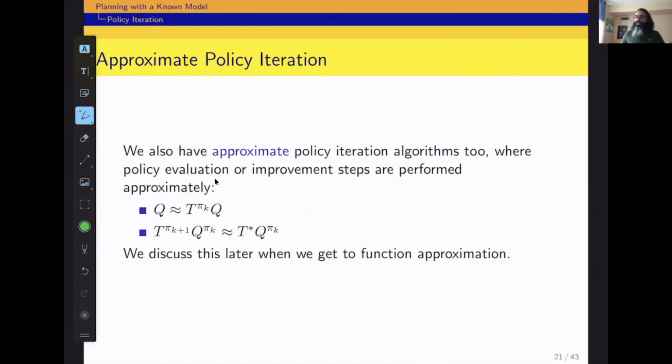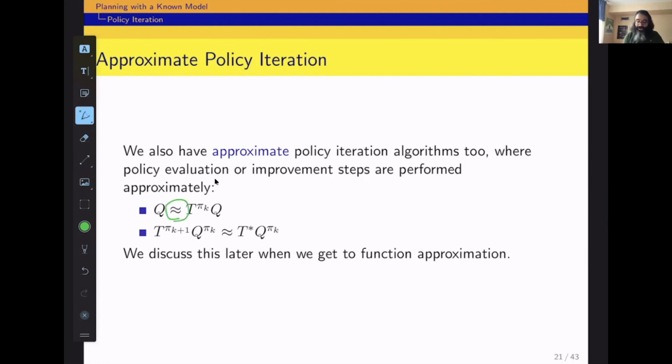There is a remark here that we also have approximate policy iteration, which is basically saying that each of those steps of the policy iteration algorithm can be done approximately. So the policy evaluation might be done approximately.